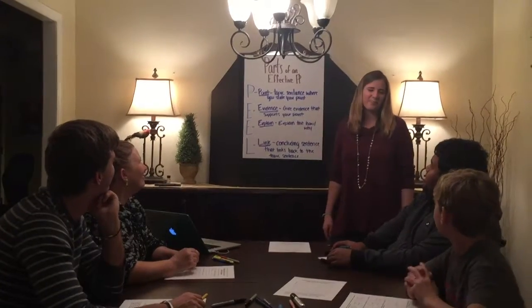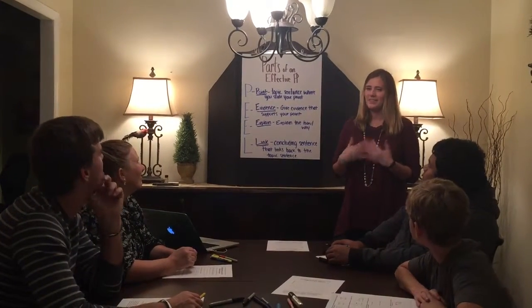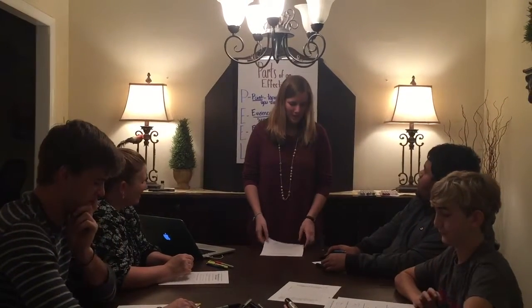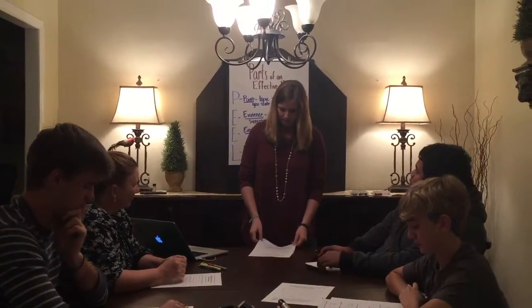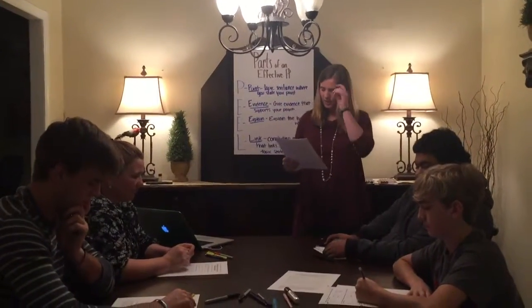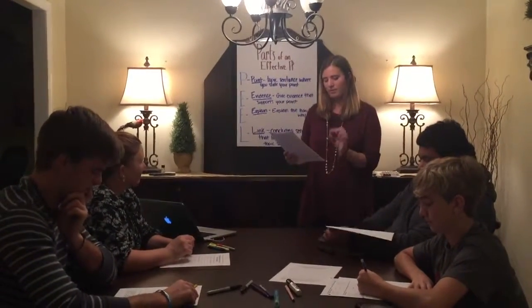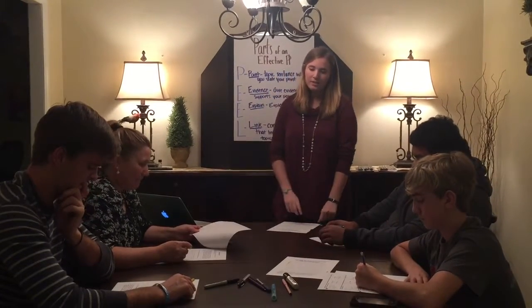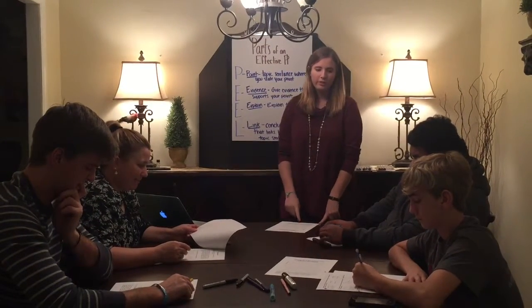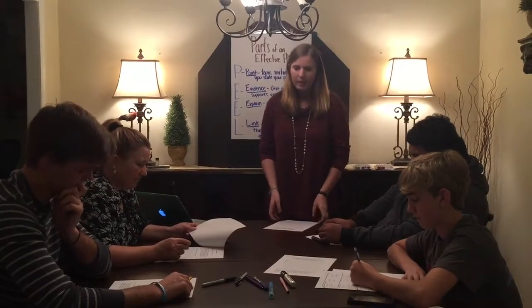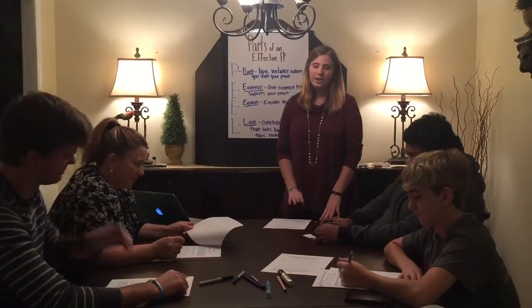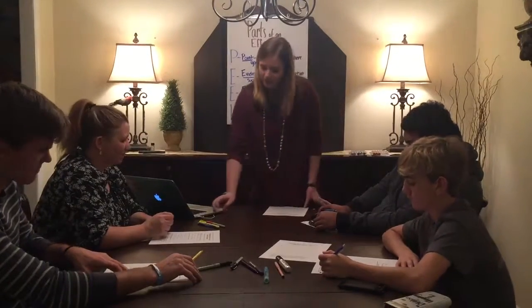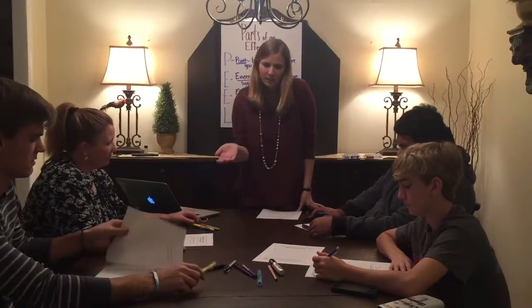Now that we know the different parts of an effective paragraph, we're going to look at an example. On your worksheet, you'll see that we have a paragraph. This is an effective paragraph that you can use as an example for your future writing assignments. What I want you to do is, with a partner sitting next to you, take different color highlighters and choose any color.